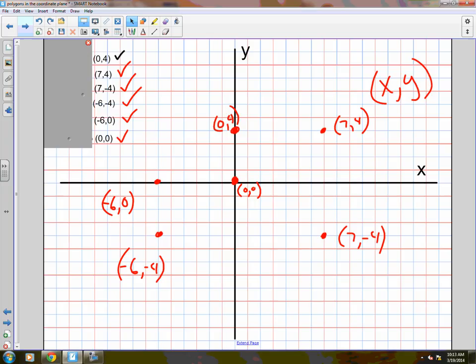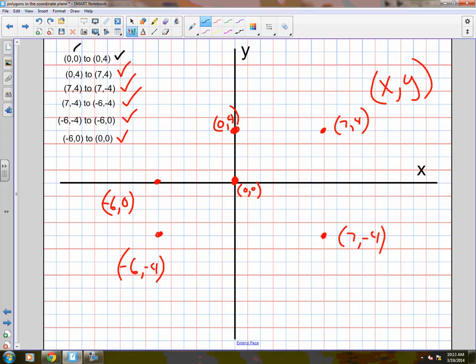Okay. Here's what we're going to do now. We're actually going to connect our dots. Now, how are we going to do that? I'll show you. We're actually going to start at our origin here, 0, 0, and we're going to go up to 0, 4. So here we go. Up. Now let's do 0, 4 to 7, 4. Over.